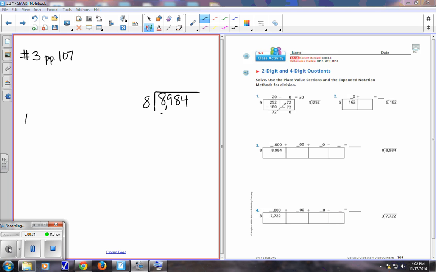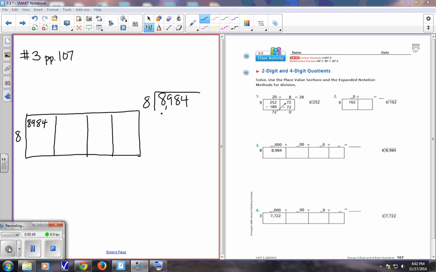So when I'm making my place value sections model, I'm going to make sure that there's 4 sections for me to work with. 8,984 divided by 8. So I'm going to be looking at the thousands first because I know that I'm going to have 8 that can go into that, at least 1.